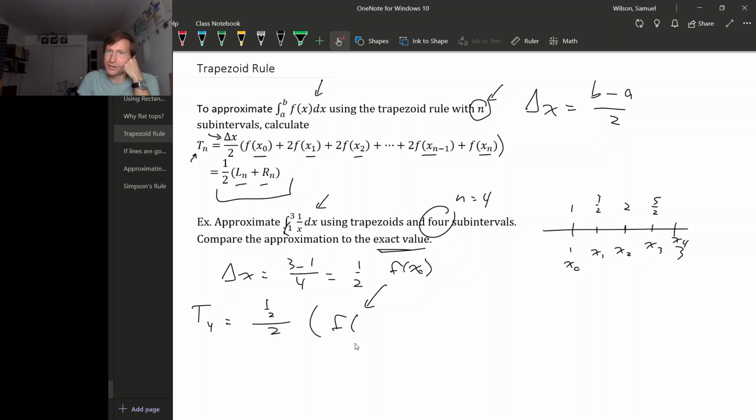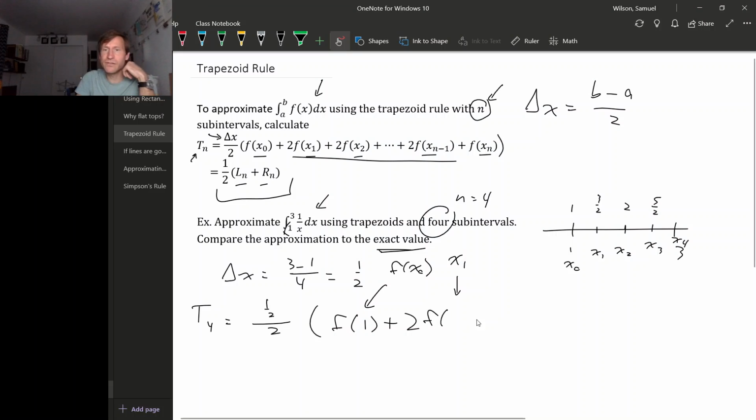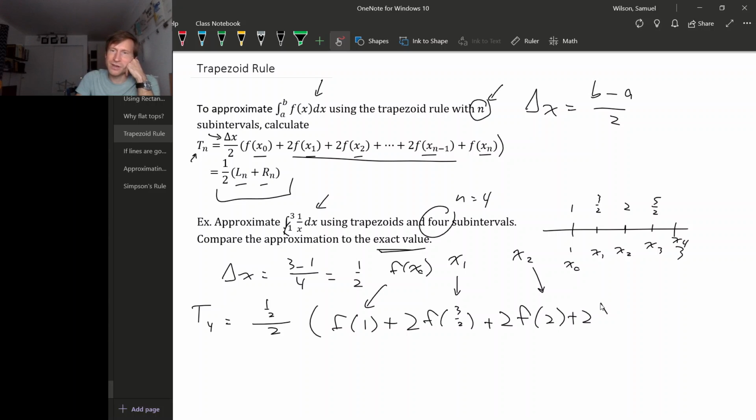Okay, so f of x sub 0, that is f of 1 plus, remember the middle ones for the trapezoid rule, they all get coefficients of 2. So 2 times f of x sub 1 here, and x sub 1 is 3 halves, plus 2 times f of x sub 2, and x sub 2 is 2, plus 2 times f of x sub 3, and x sub 3 is 5 halves, plus, and then the last one doesn't get multiplied by 2.